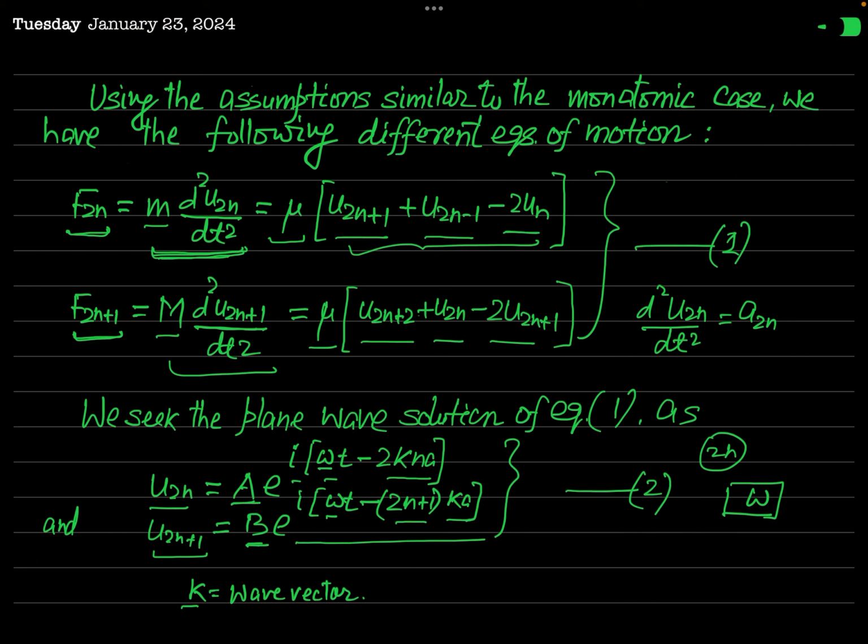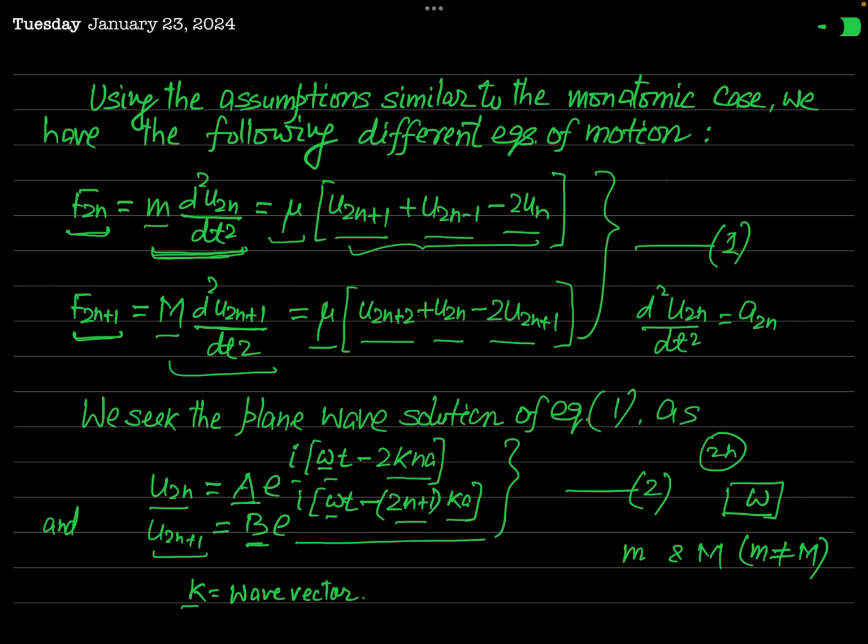Although it may be equal, here we have considered it different because we have assumed that the mass of the 2nth atom is small m and the 2n plus 1th atom is capital M, and for generality we consider these two masses unequal.